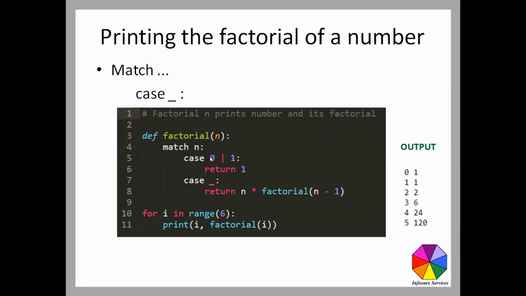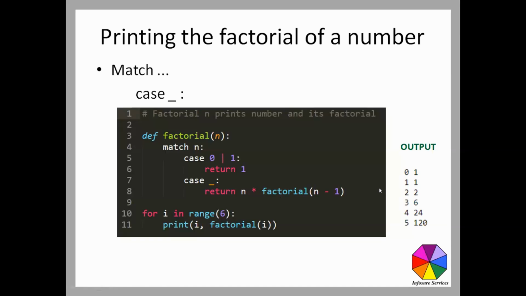So for 0 and 1, we are not going recursively and making a call to factorial of 1 and factorial of 0. Instead, we are straight off returning a value 1. Since this is a recursive call, you're calling the same function again and again inside one another multiple times, right?